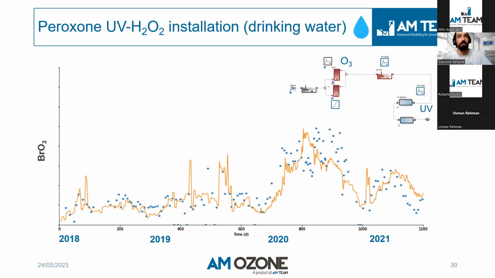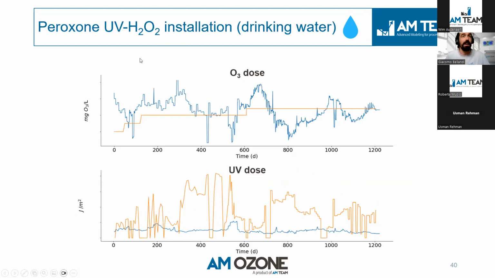That's how the model performed against this data, thanks to the information on the influent dynamics, which we could use to run case scenarios or design controllers, just like in this case. In the yellow lines you see the actual operation, how the installation was operating in these years.